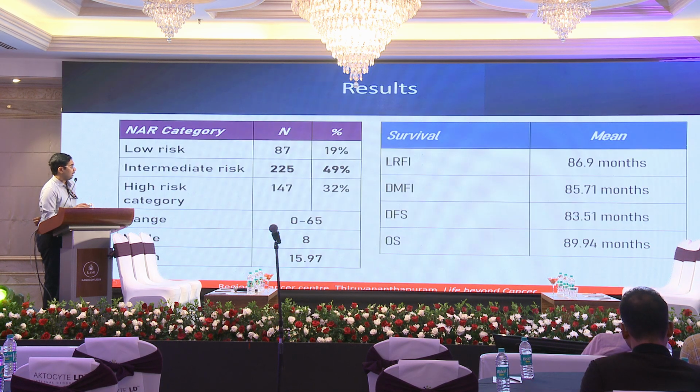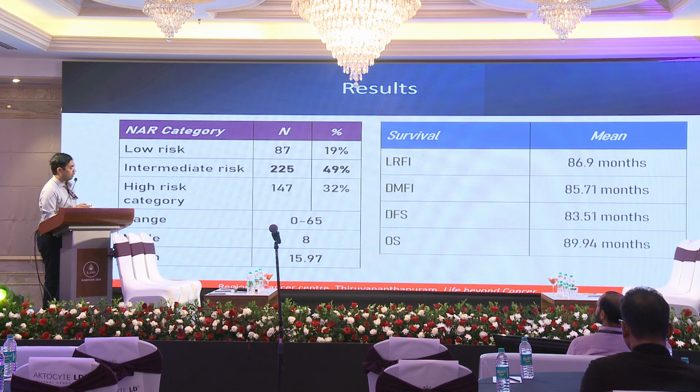The results. In the initial Valentini nomogram, the NSABP R-04 had results of 98% for low risk, 89% for intermediate risk and 68% for high risk. We have also come up with results in the form of low risk, intermediate risk and high risk categories, and most of the people were in intermediate risk.